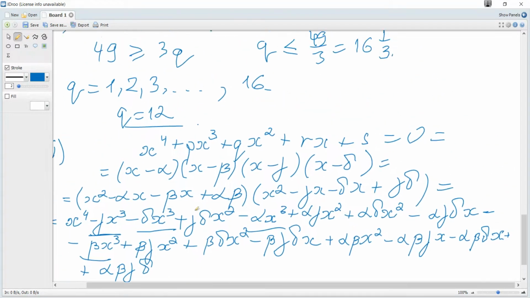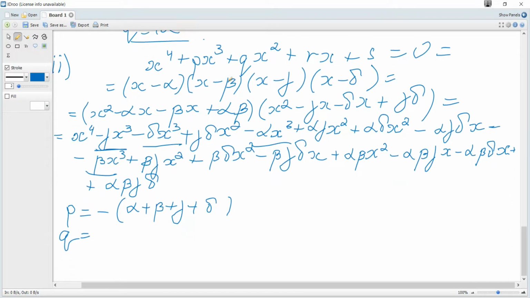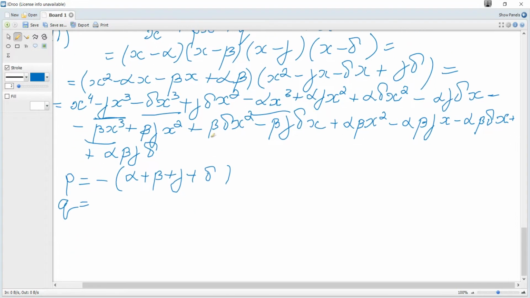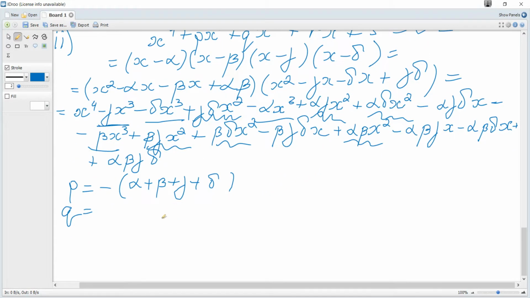The next is q. To get q, we equate the coefficients of x squared. There are 6 terms, and all possible combinations.